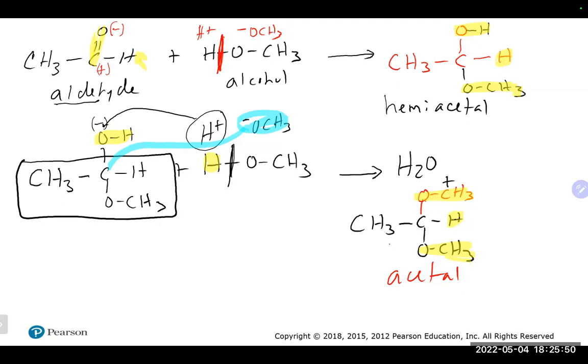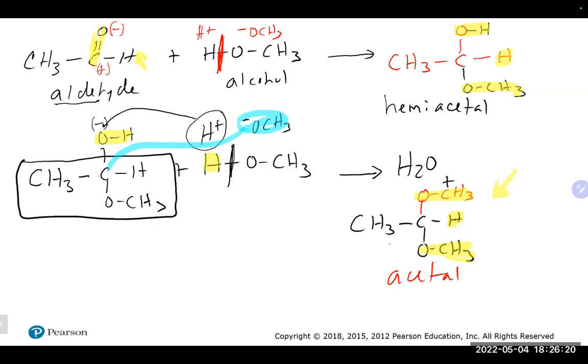So if you take an aldehyde and add just one alcohol to it, you will produce a hemiacetal, which should have that OH group and the oxygen group from the alcohol attached. If you take the aldehyde and add two alcohols to it, it will take you all the way down to this guy where you will have two oxygen carbon groups and that hydrogen that will be left over.